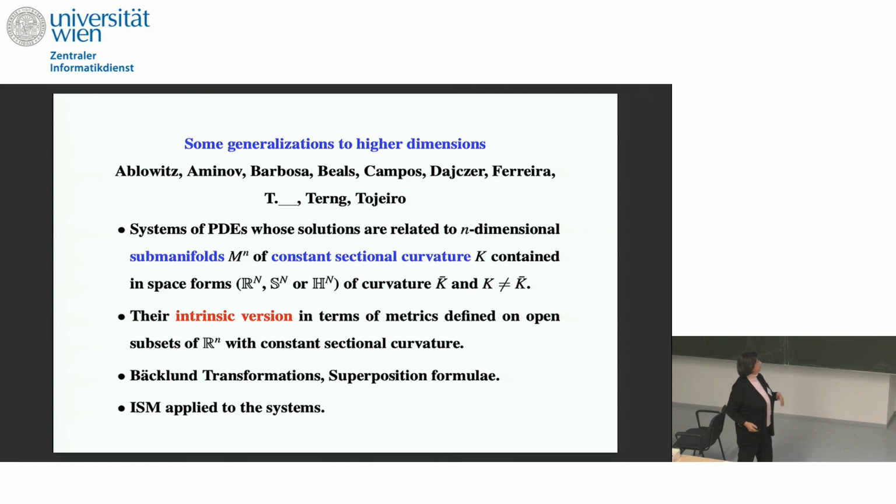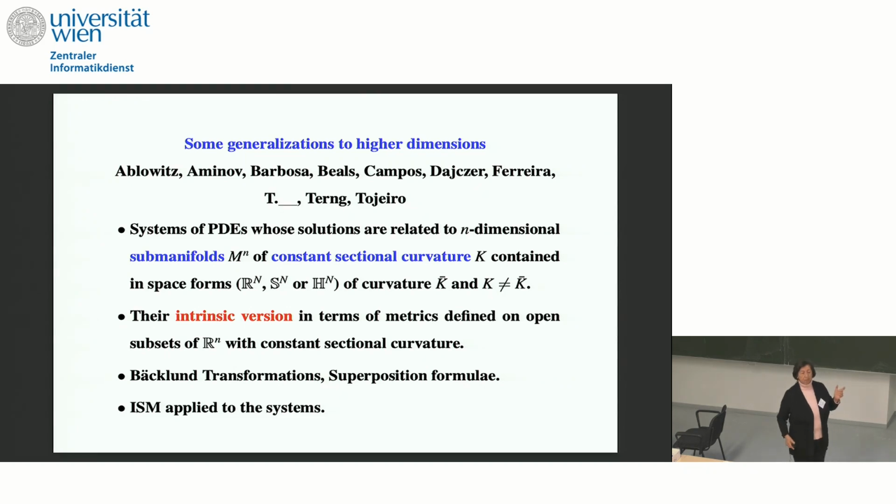And then you can get a Bäcklund transformation. We were able to prove the inverse scattering method worked, and we provided solutions. This was with Beals. And there was also an intrinsic version, because I started with sine-Gordon as a solution for surfaces in R3, and then I ended up with sine-Gordon as just intrinsic geometry.